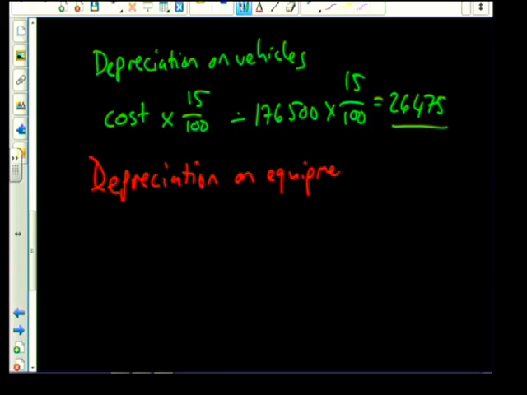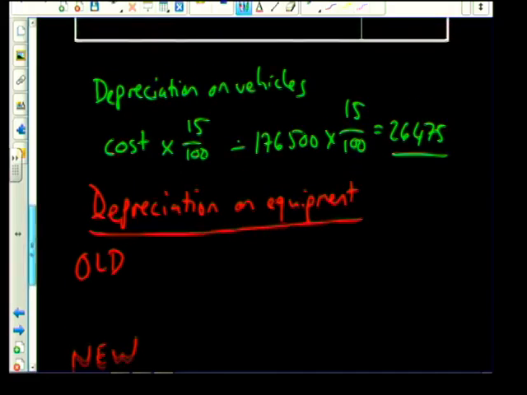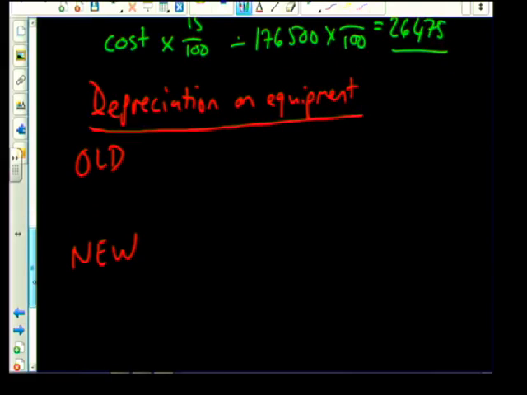To calculate the depreciation on equipment, we need to take our old equipment and we need to take our new equipment. The new equipment is always easier because, if you're doing the new equipment, you don't need to consider whether it's diminishing balance or cost price because the equipment is new anyway and hasn't depreciated yet.